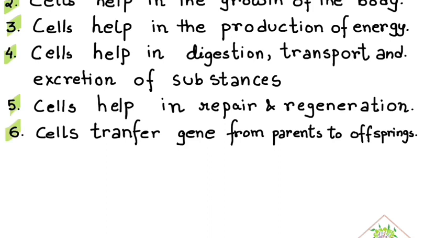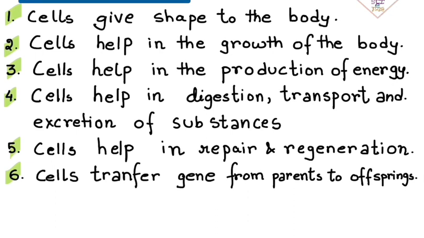Lastly, cells help in the transfer of gene from parents to offspring. What does that mean? This means that you, of course, look like your parents. Even your sibling also look like you and your parents.